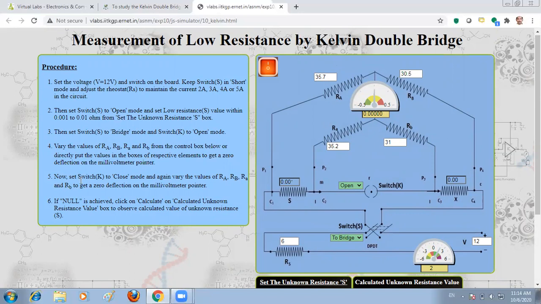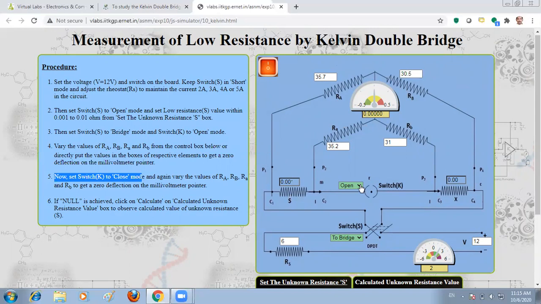Now here we have set the values of different resistances in such a way that we are getting zero deflection on the millivoltmeter pointer.